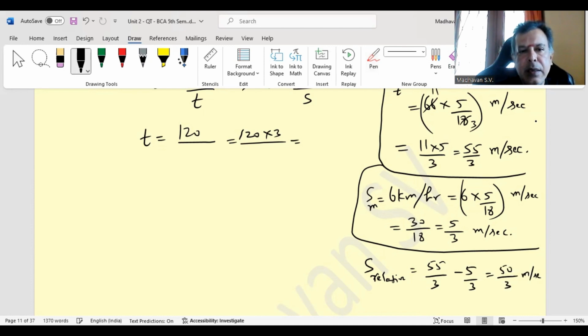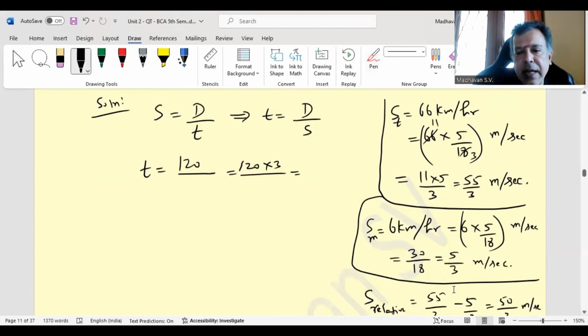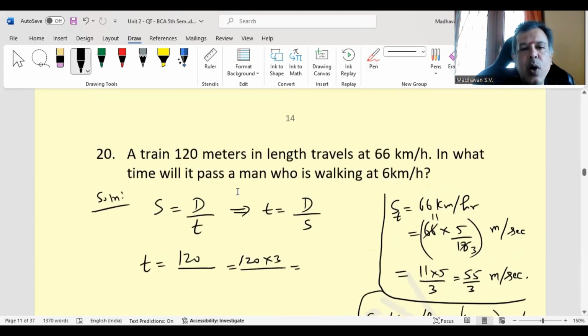So here we are subtracting because we are assuming that the man is walking in the same direction where the train is moving, because they didn't specify clearly whether the man is walking against the train or towards the train, whether it is opposite direction or same direction, not specified. So we are considering it as same direction.